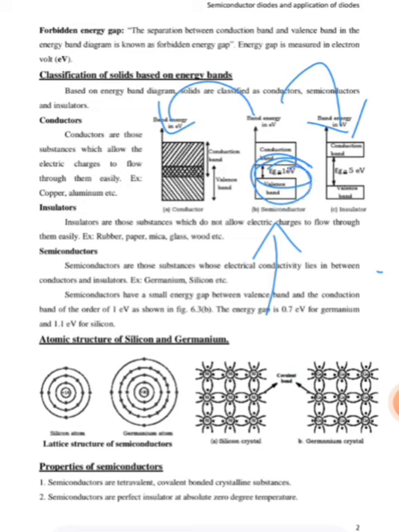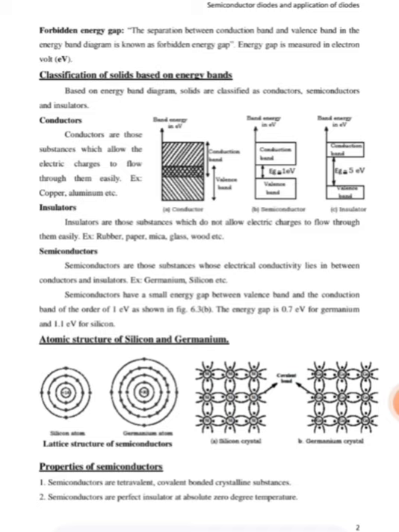So the forbidden energy gap cannot be said to be not there, nor can it be said to be too much. It is in the range of 1 electron volt. And the examples for these semiconductors are germanium and silicon. These are the most widely used semiconductor devices. Now let us try to understand the atomic structure of silicon and germanium.